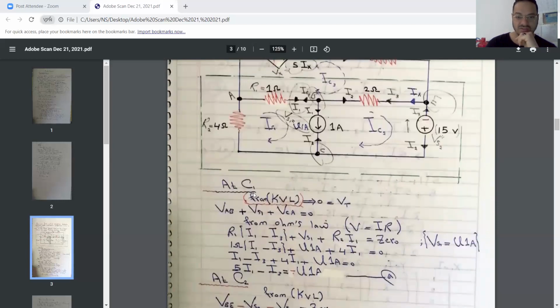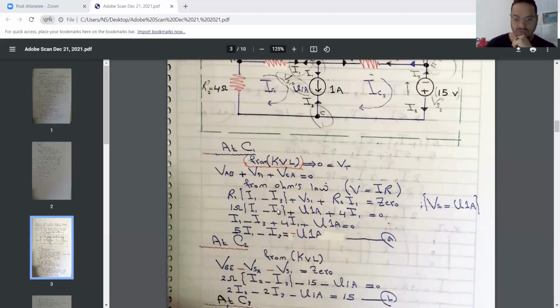Now let's start from C1, loop 1. From Kirchhoff's voltage law, the total voltage will equal 0. VAB plus VS1 plus VCA from this side will equal 0.